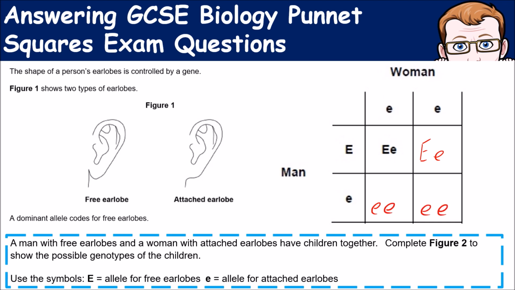It's also worth talking about what the ratio would be. We've got a 1:1 ratio of free earlobes to attached earlobes. Remember, as a percentage, it would be 50% to 50% because you've got half and half.